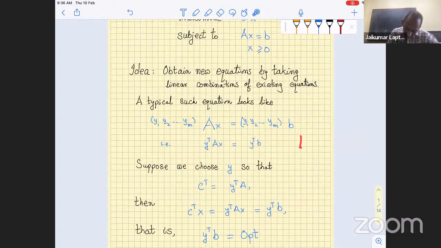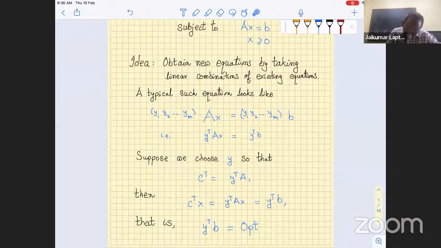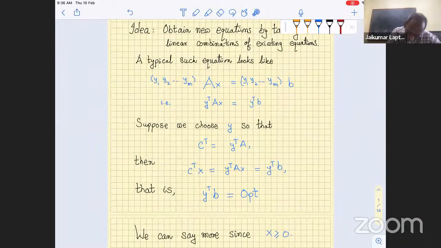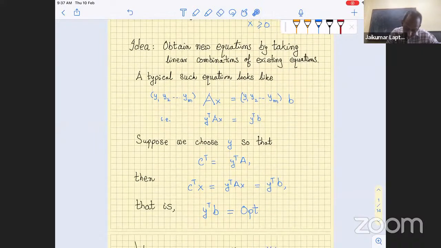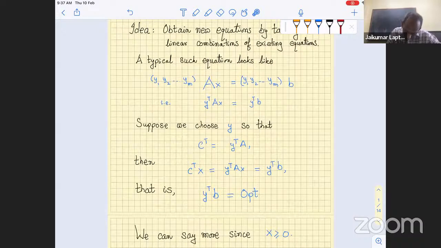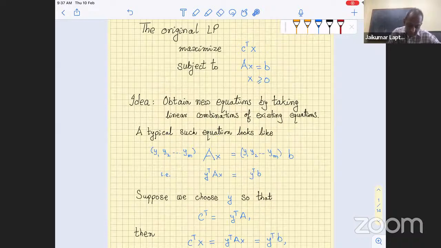Now, suppose it so happens that we are able to find a y so that this quantity starts looking like our original objective function. Now, it may be possible, may not be possible. But suppose there is such a y, then that basically forces the optimum of this LP.